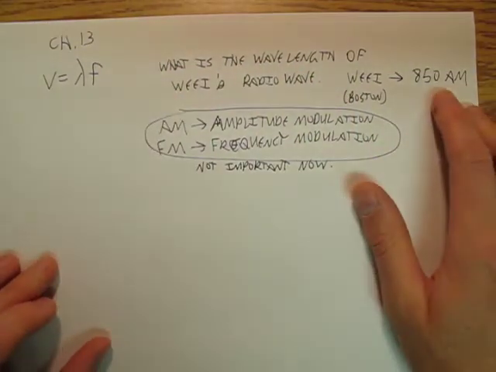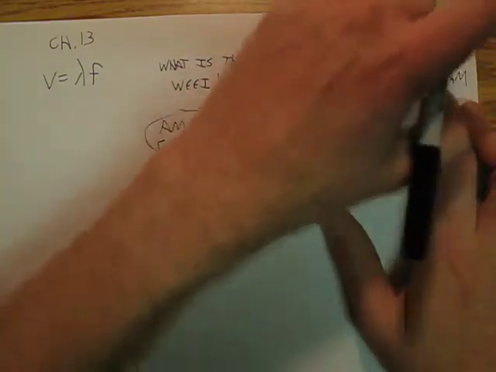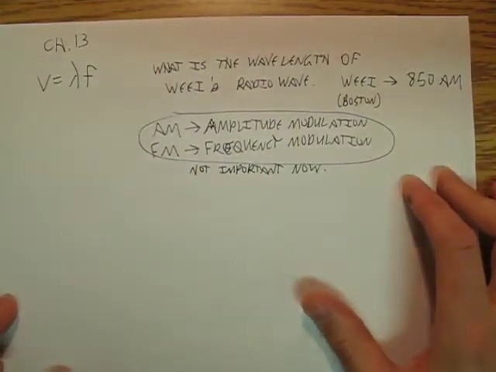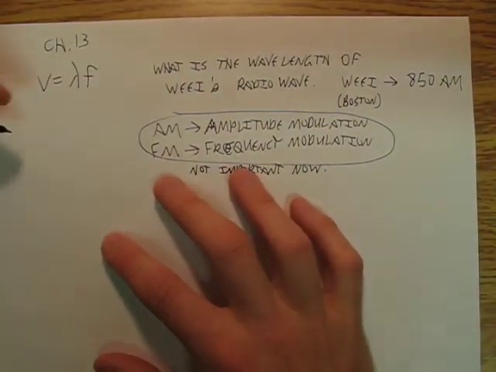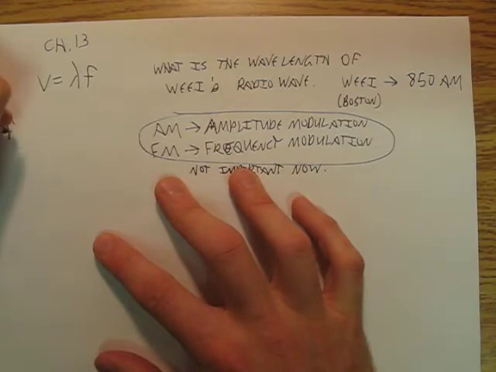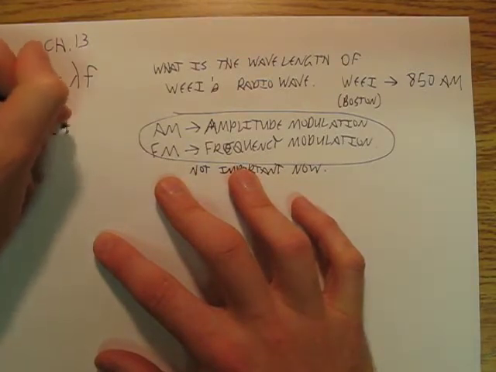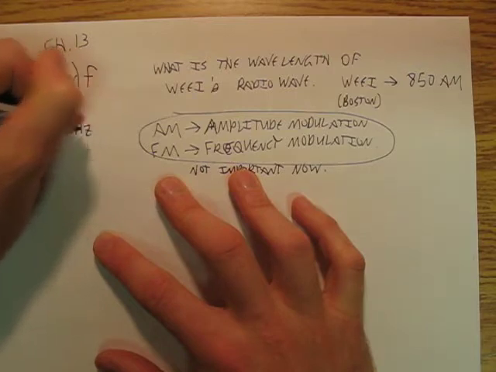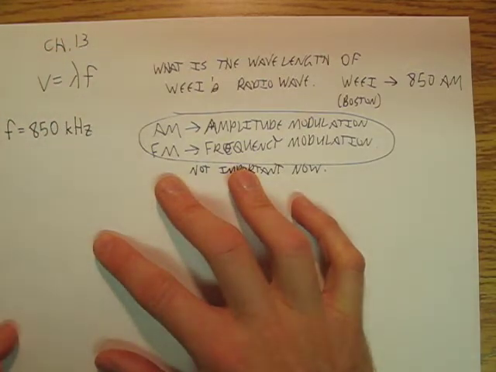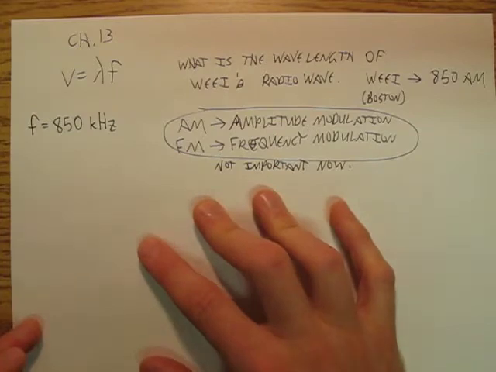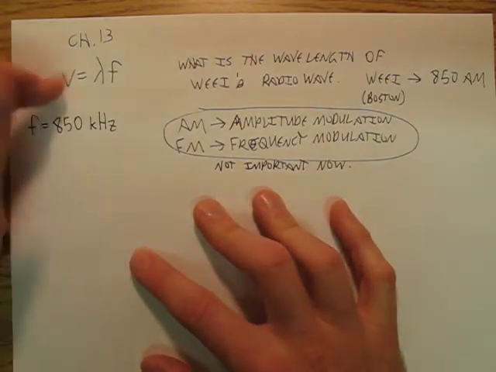What really matters is there's a hidden, they didn't show their units. They did not show their units. That f is going to be 850 kilohertz. Okay, so we have our velocity.